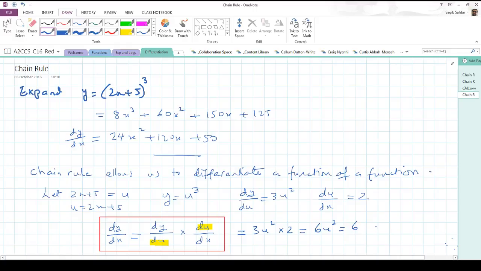We know what u is. u is 2x plus 5, and then it's all squared. There's our answer. If needed, we can then expand this out and come up with the same expansion that we've had over here.